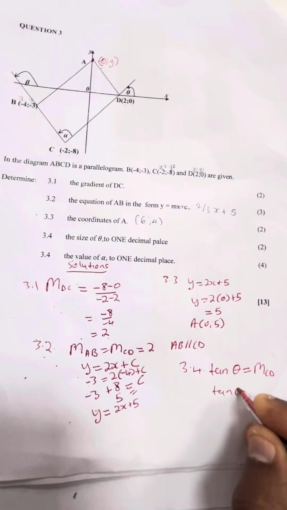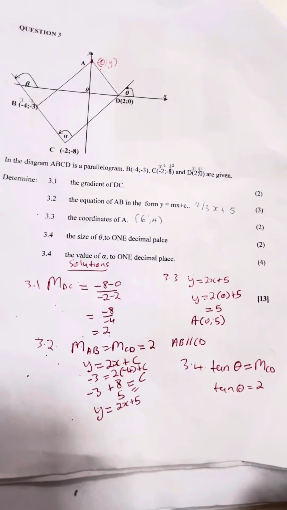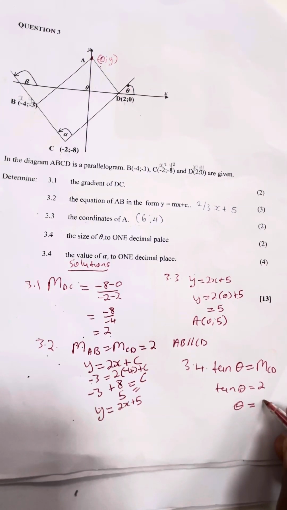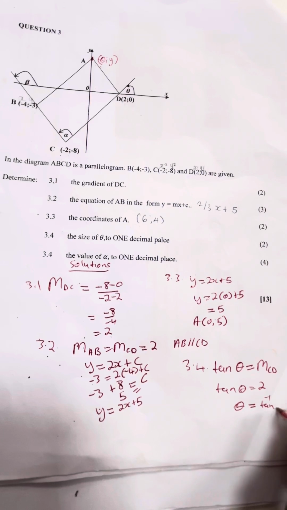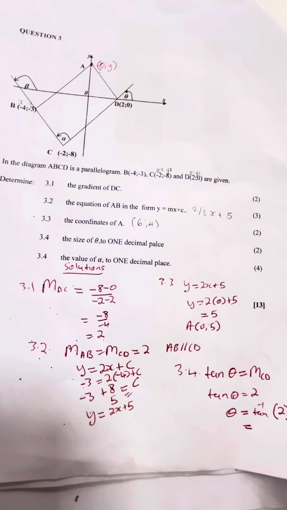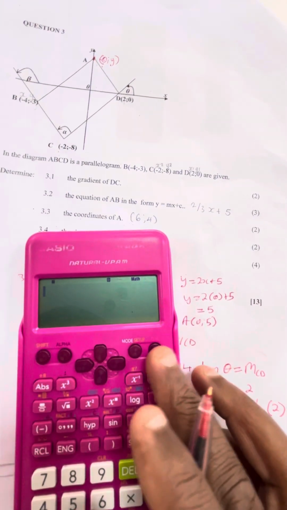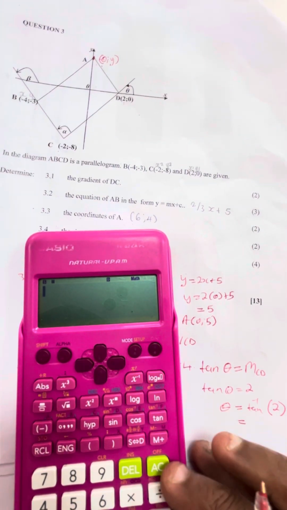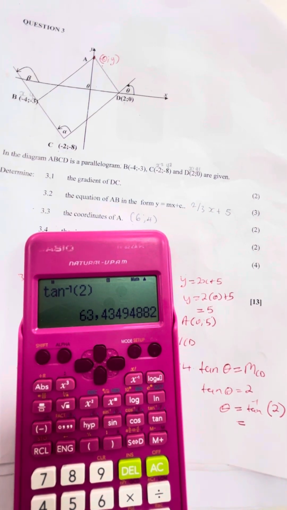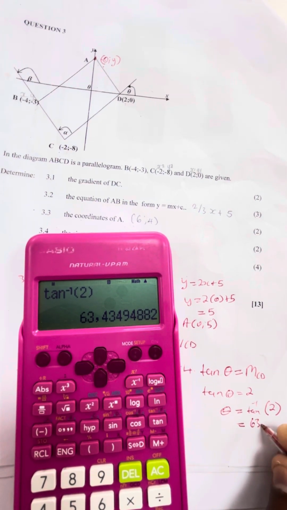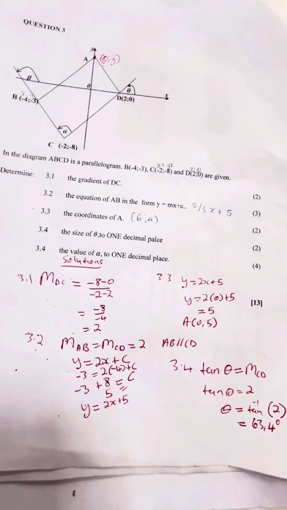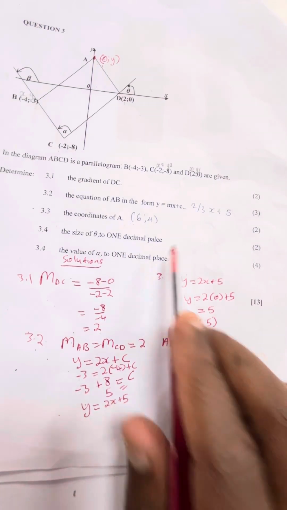So tan theta equals 2 because the gradient of CD is 2. Therefore, theta will be equal to arctan 2. Let's use our calculator, shift tan 2, which is equal to 63.4 degrees because they said to 1 decimal place.